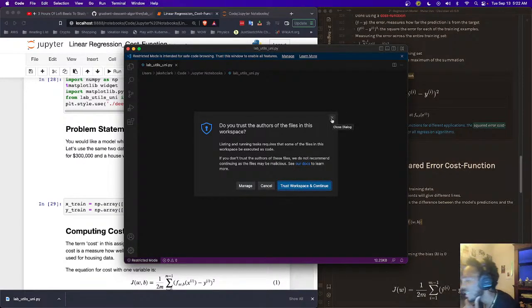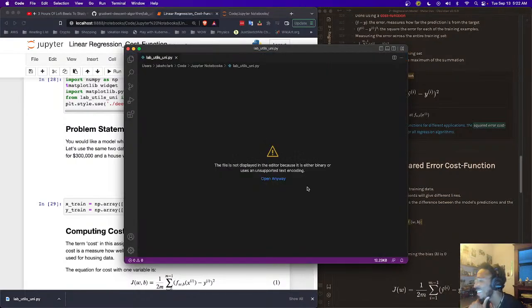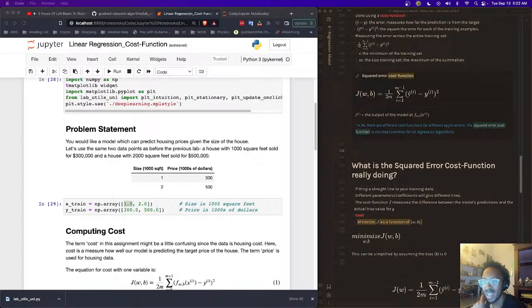Oh, no, I think what's happening. Okay, so there's this file I need. It's a utility file that's provided by the lab that I'm using here. Within this lab, there's a certain utility file that I need in order to make this work in my own dev environment.